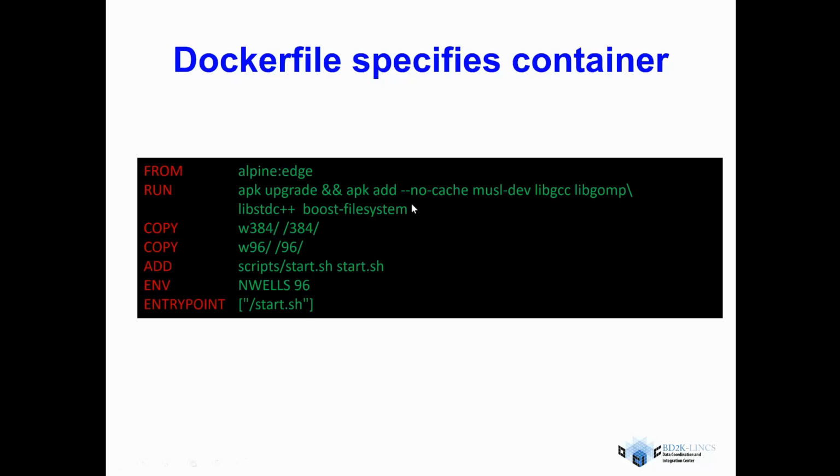I don't have to worry about that. And the rest of it is just some customization which I can add to the container. In this case, I have 2 binaries, one for 96 wells, one for 386 wells. So you can do some customization on top of the actual binaries inside the container.